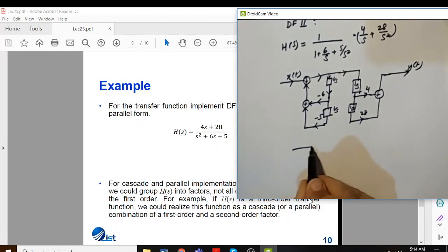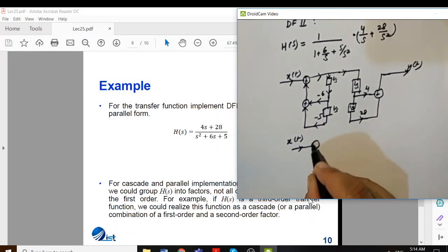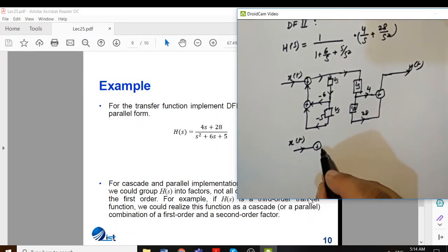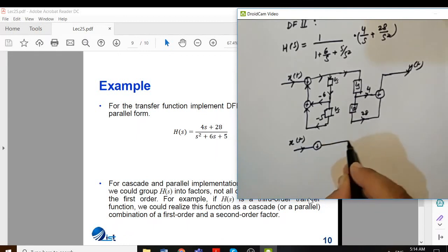So our form becomes, I'm going to combine the integrators now. This is one integrator, this is the other integrator.